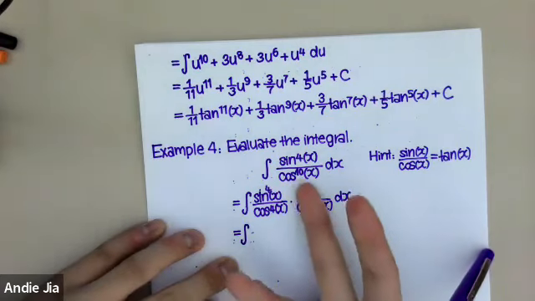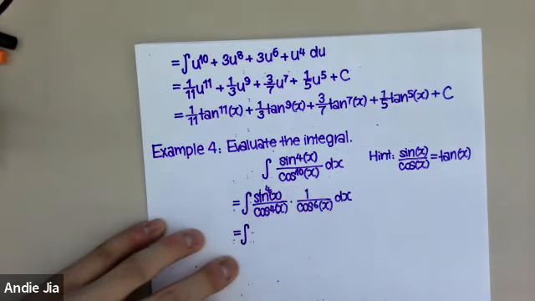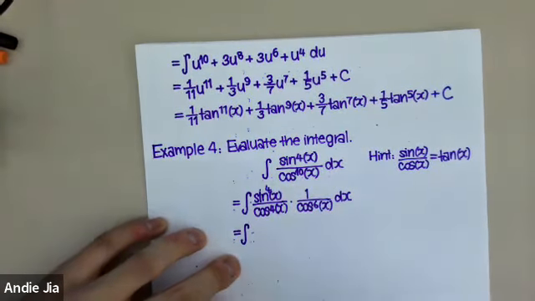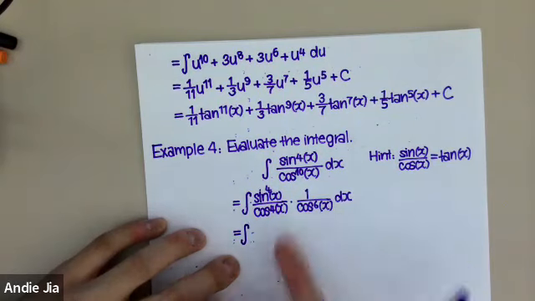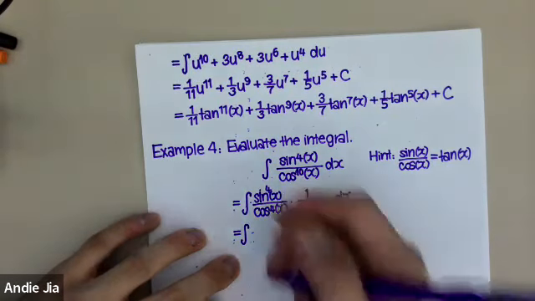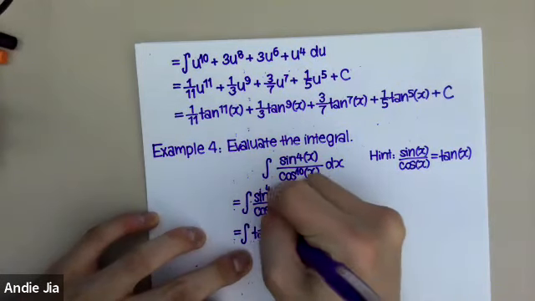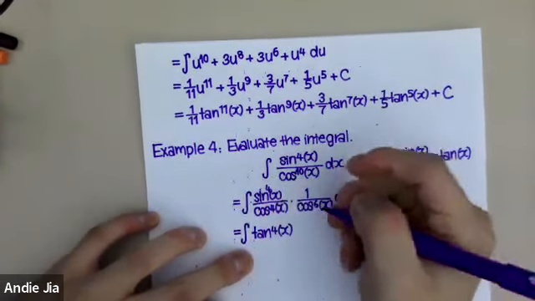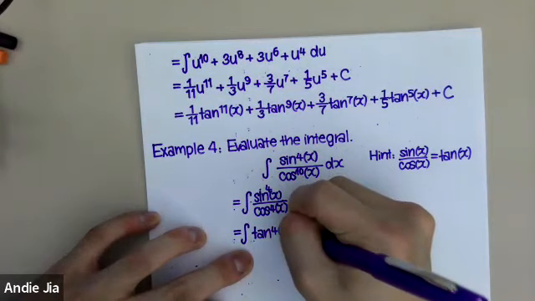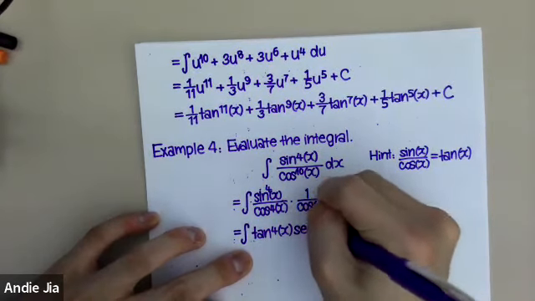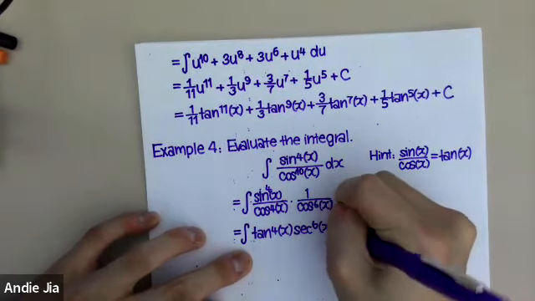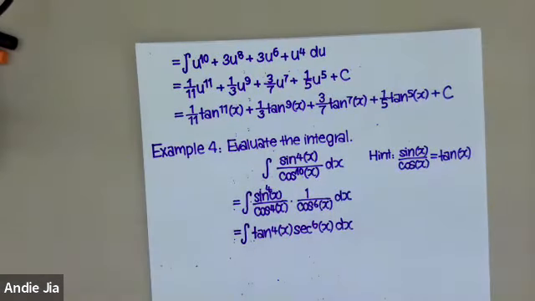So when you see this kind of messy integral, don't feel like, oh God, I'm afraid of this. You're gonna solve the integral, so don't worry. This messy function turns into tangent to the 4 and secant to the 6 dx.